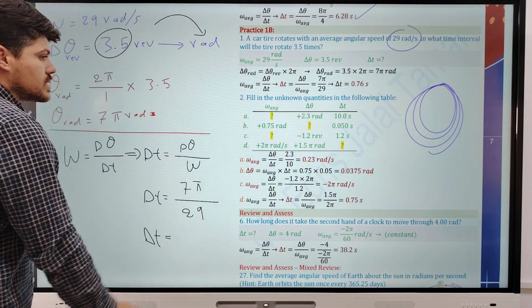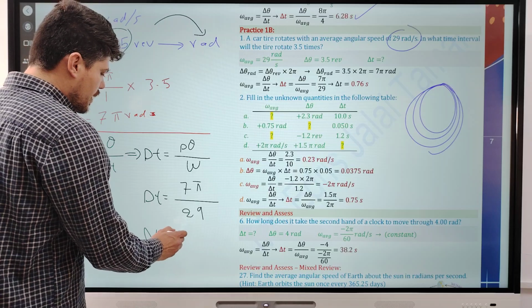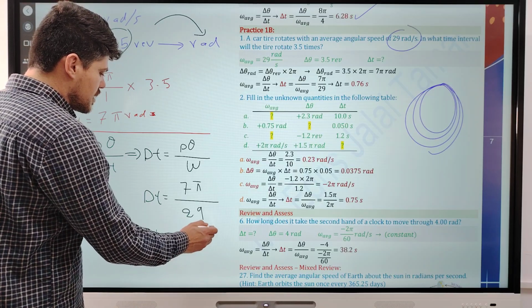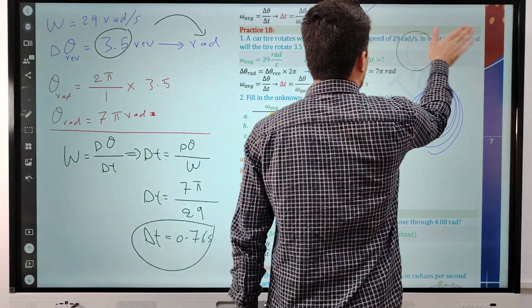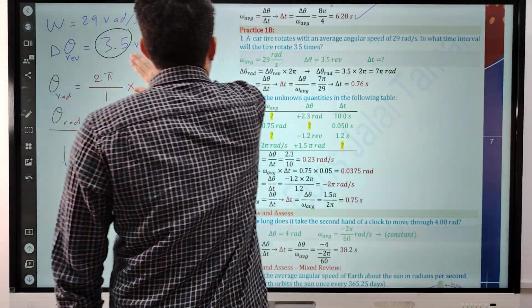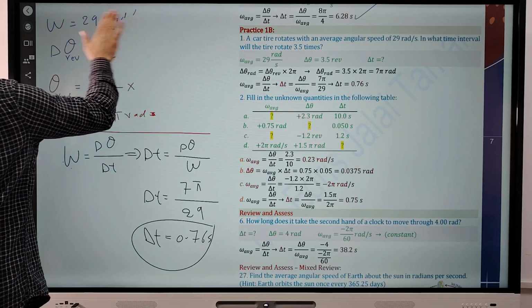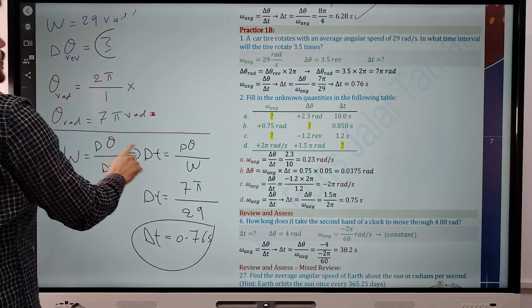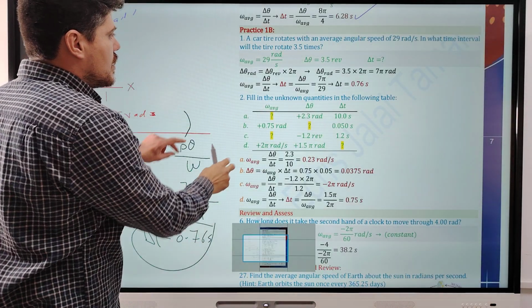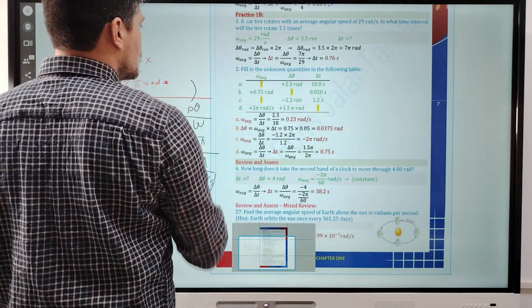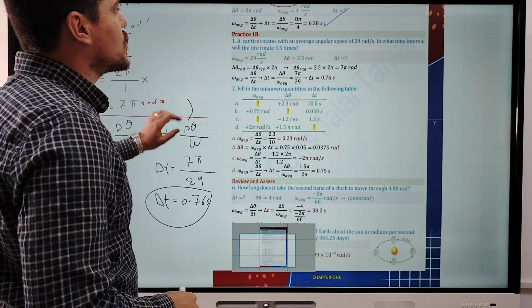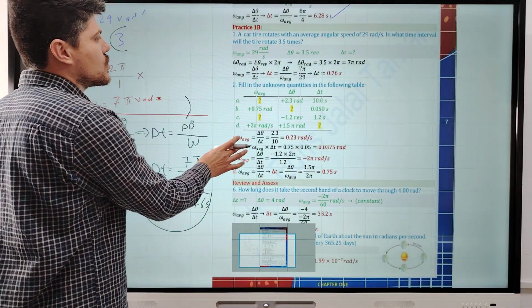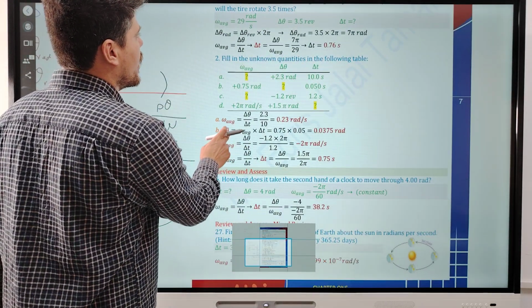So the time is equal to what? 0.76 second. It is too easy, okay? Because the question did not mention the direction of the rotating object, you have to consider a positive sign here.